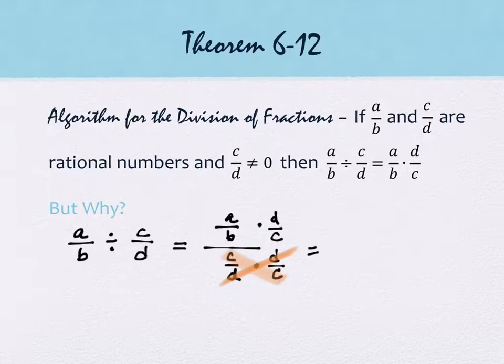So I end up with A over B times D over C over 1, which means I just have A over B times D over C. And all I did to get there was to rewrite it in a different form and then to simplify the fractions that existed.